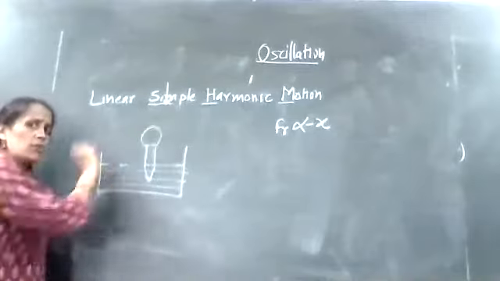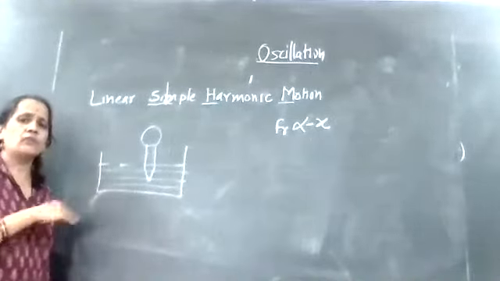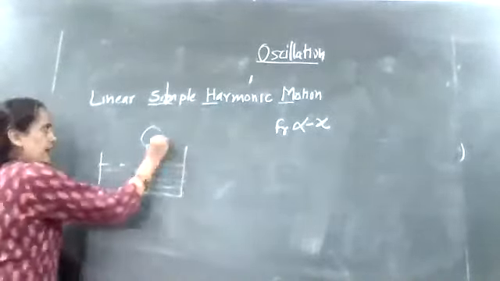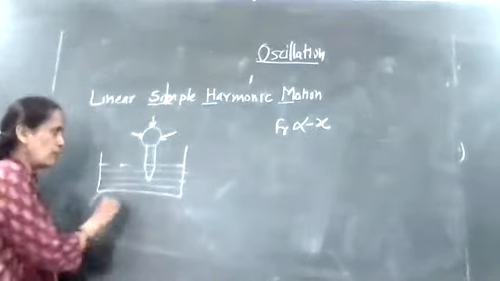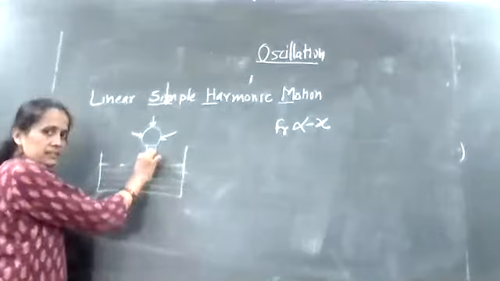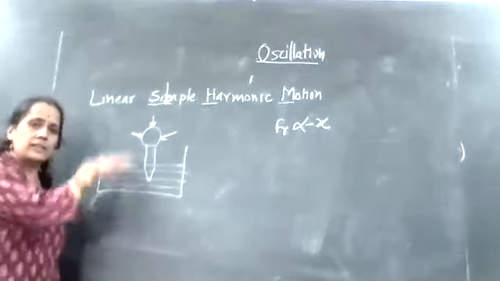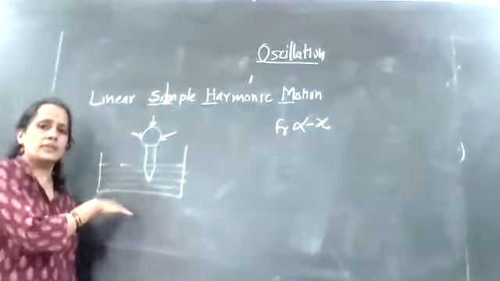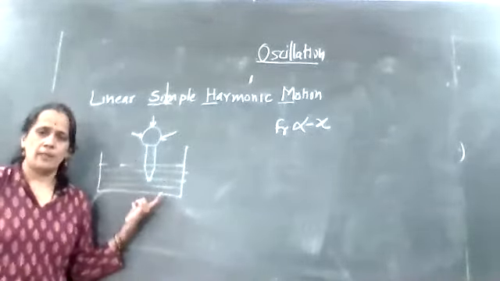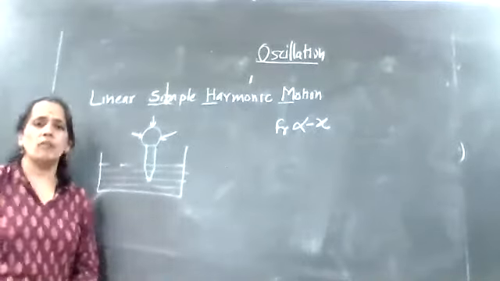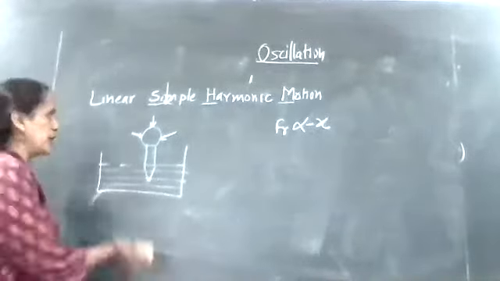When no force is applied, it floats. If I apply a force on the hydrometer so that it goes deeper into the liquid, and then release it, the hydrometer will bounce up and down inside the water. So this is also an example of linear simple harmonic motion.